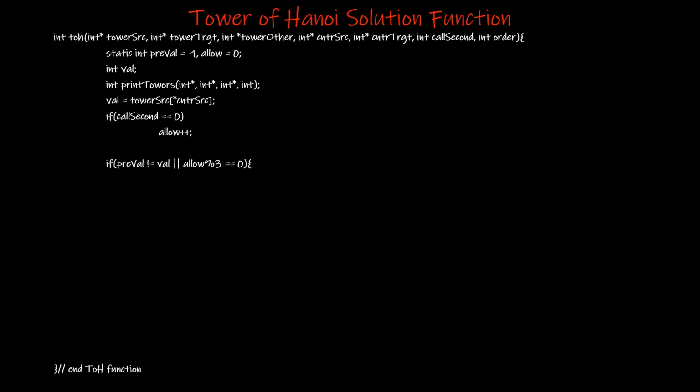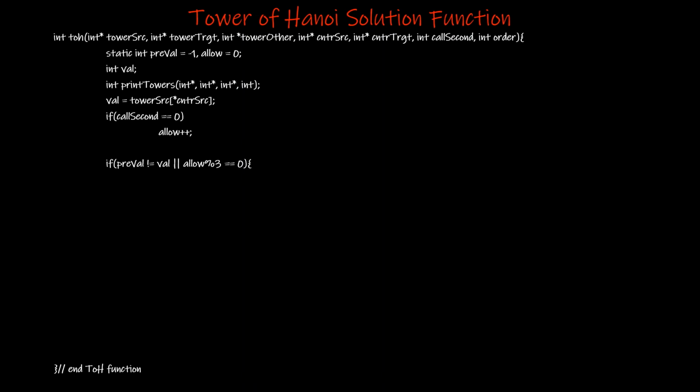Next, we have one more if condition. Here, the first part is we check whether preval is not equal to val. That means whether the previous disk transfer value was not equal to the current disk transfer value.